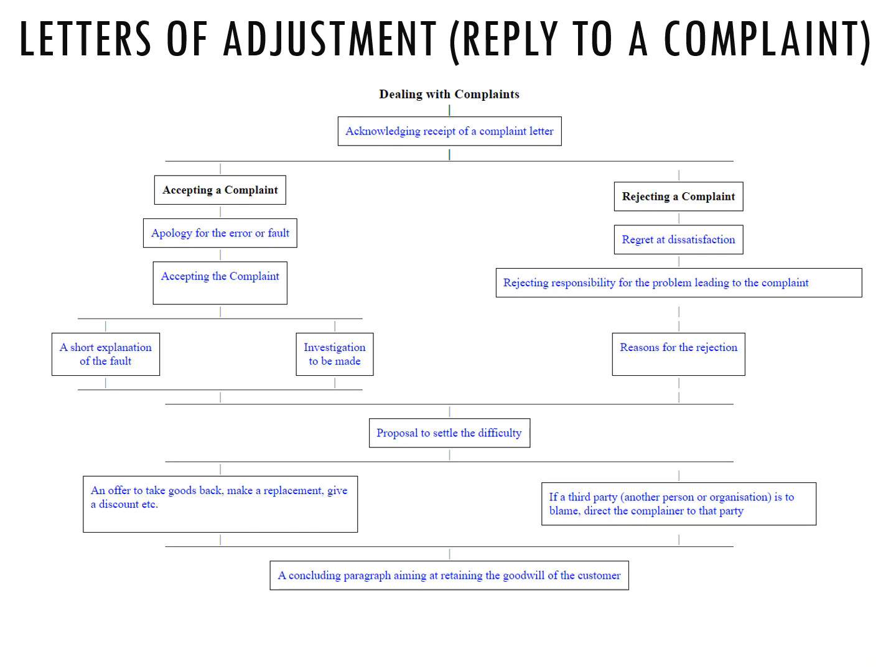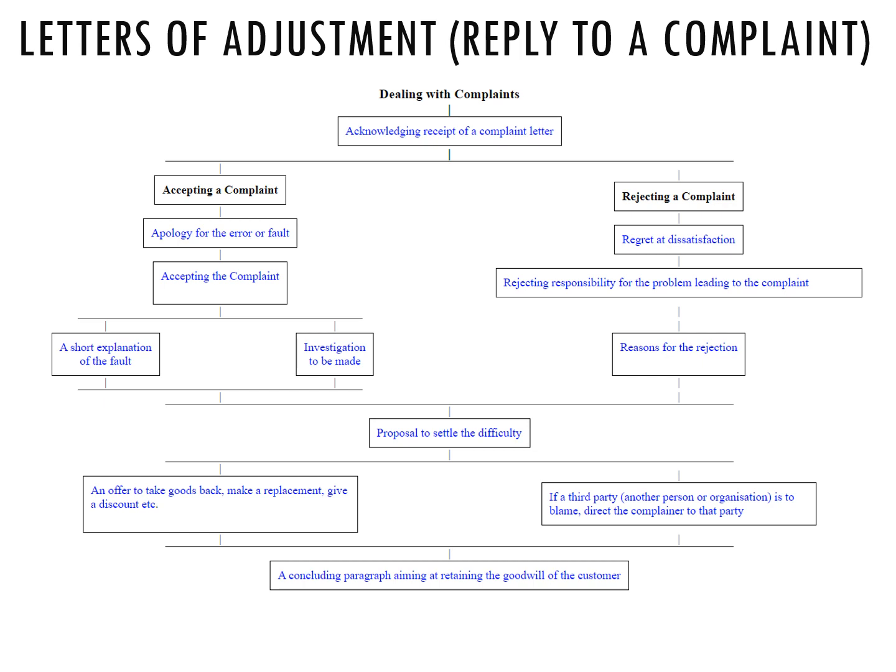Now, let's say you are the one to receive the complaint letter. How are you supposed to reply to that letter? This is how you write an adjustment letter. An adjustment letter means a reply to a complaint. This is a chart that I find very useful for students to understand how to write a reply to a complaint letter.